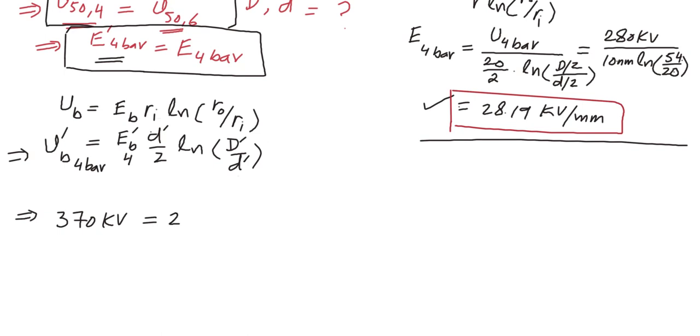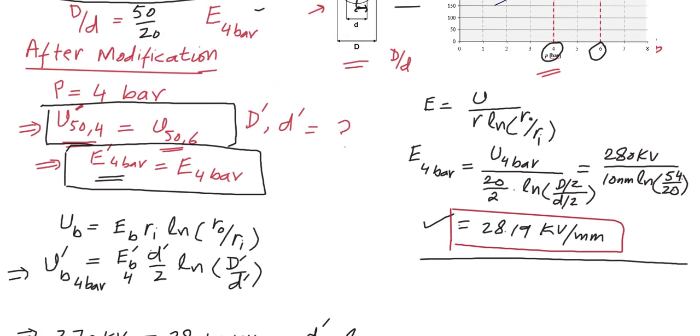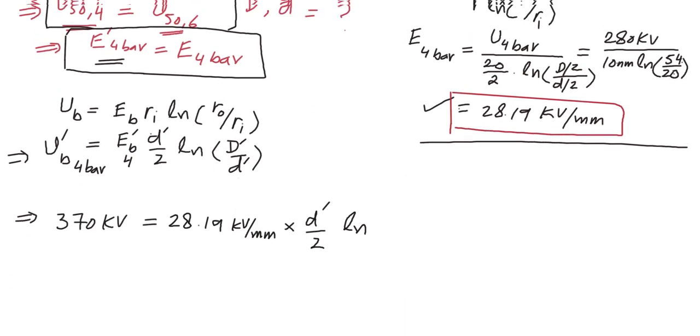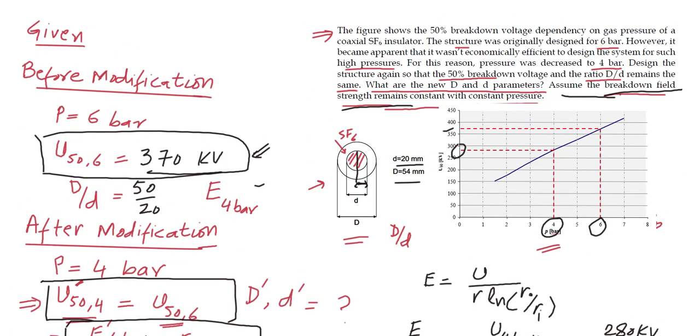So we must have 28.19 kV per mm, multiplied by d bar by 2, because we don't know its value, and then ln of... also in the given statement, the ratio capital D by small d remains the same.